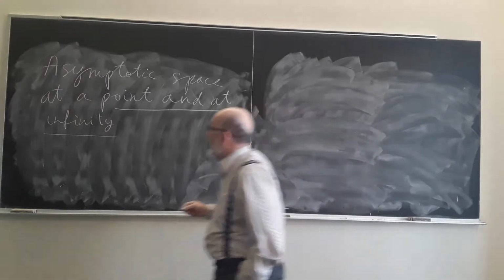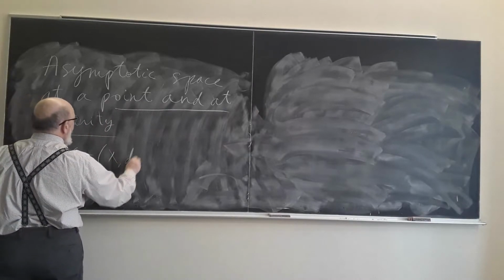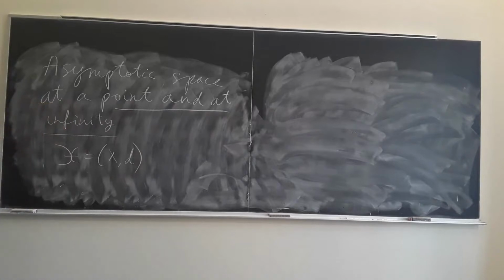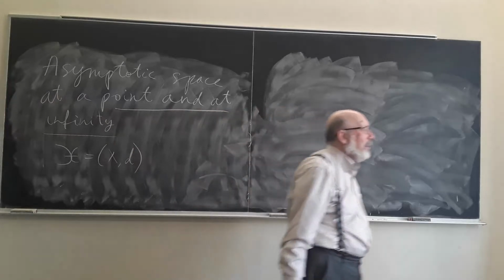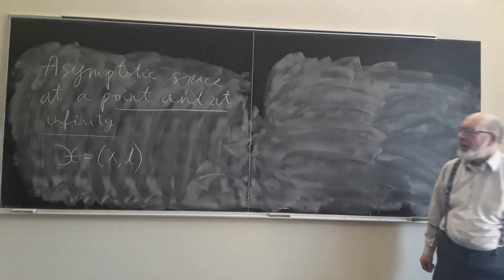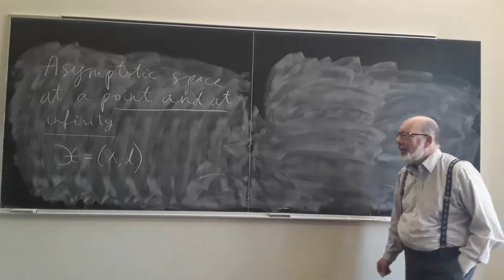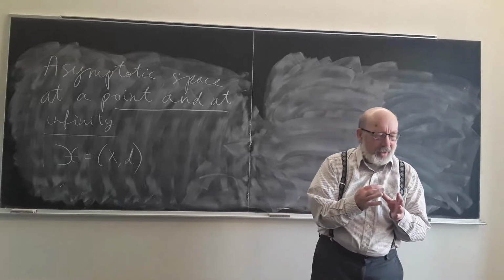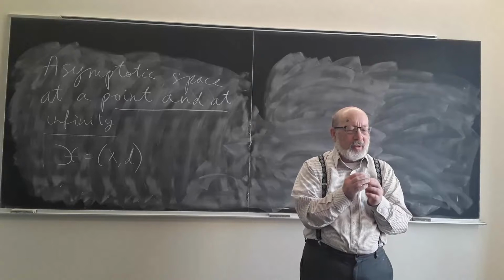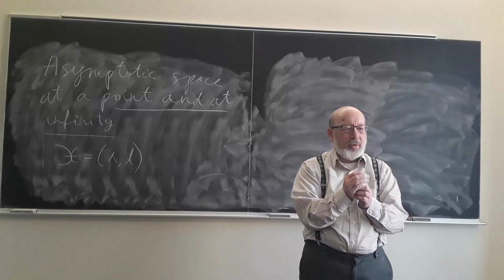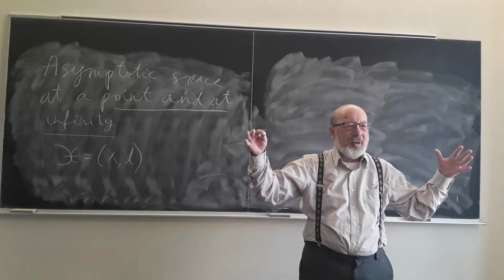So suppose we have a metric space. This metric space can be even some set in the plane, for example, or some Riemannian manifold, something like this. Then our concern is how it is organized near a point and how it is organized at infinity, how it looks at infinity.